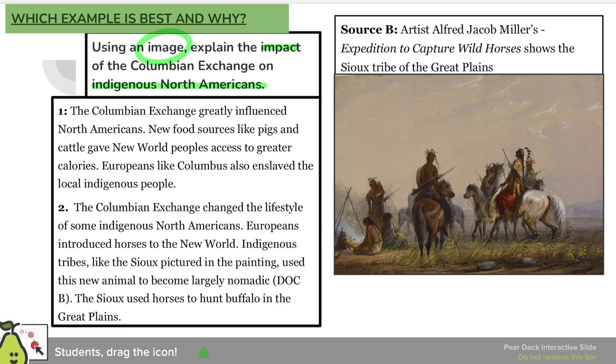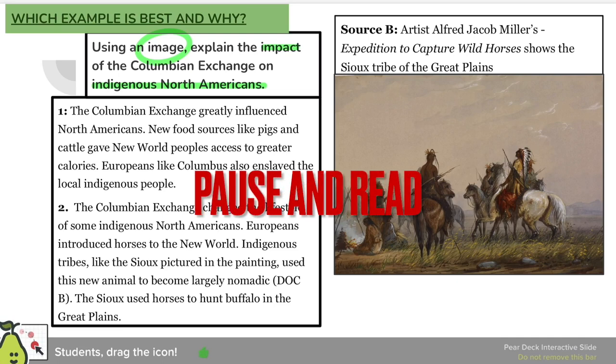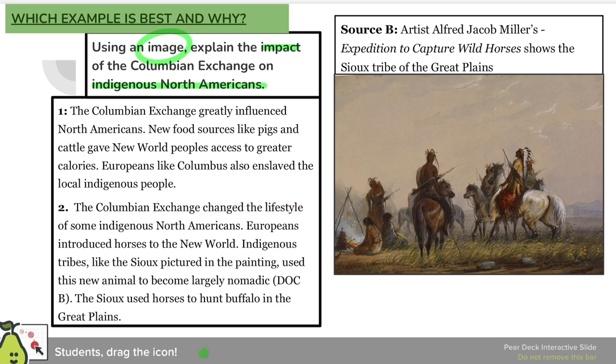Okay, so looking at these sample answers, I want you to read through number 1 and number 2, and I want you to tell me which one was the best answer and why it's the better answer that would get the point. But Rick stated that the second sample, the second statement, is better because it uses the picture unlike the other one.